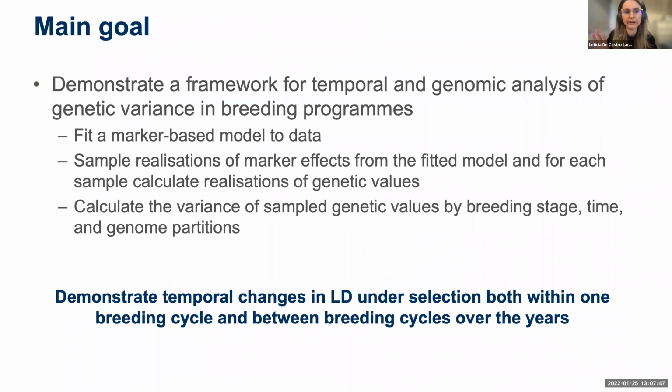So in summary, the main goal of this study was to demonstrate a framework for temporal and genomic analysis of genetic variance in breeding programs. As said before, this framework fits a marker-based model to the data, samples realizations of marker effects from the fitted model, and for each sample calculates realizations of genetic values, and finally calculates the variance of sampled genetic values by breeding stage, time, and genome partition.